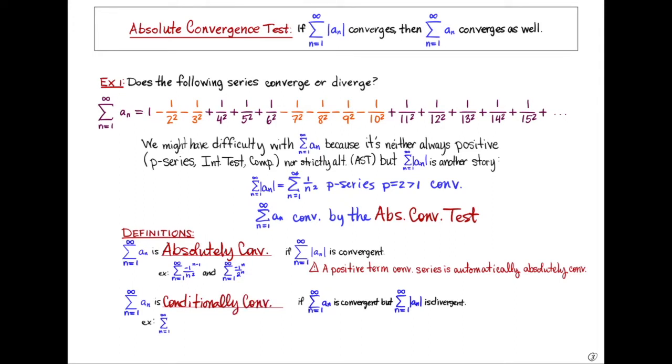An example of a conditionally convergent series could be the alternating harmonic series. So for the alternating harmonic series, we'd have the sum of -1 raised to the n minus 1 over n, and this series converges by the alternating series test.